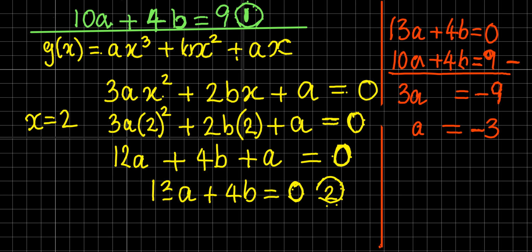Now that we know a is minus 3, we're going to use that to help us find letter b. We could potentially use either equation 1 or 2 to work that out. So 10 times minus 3 plus 4b is equal to 9.